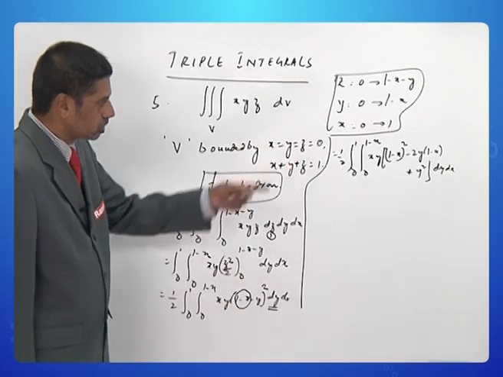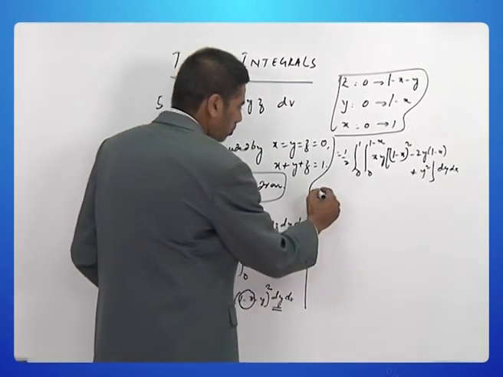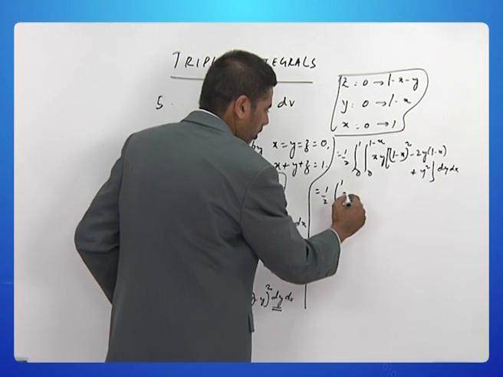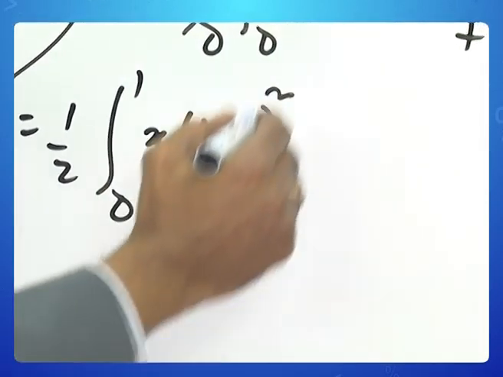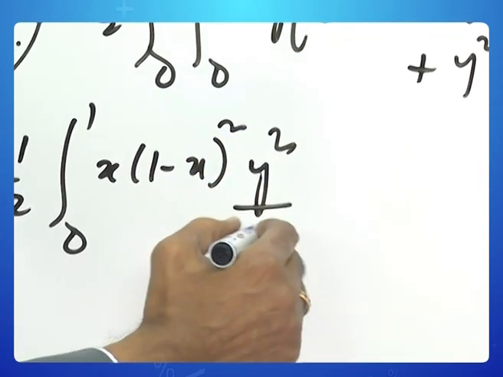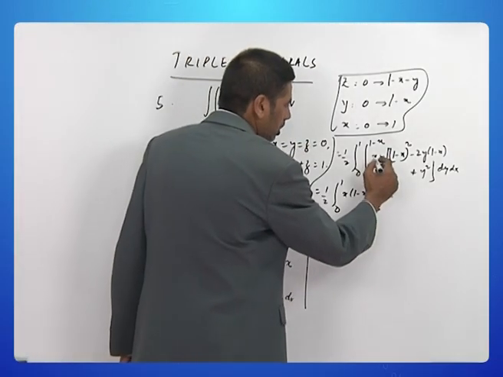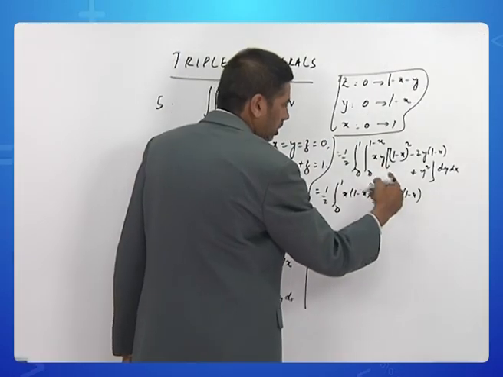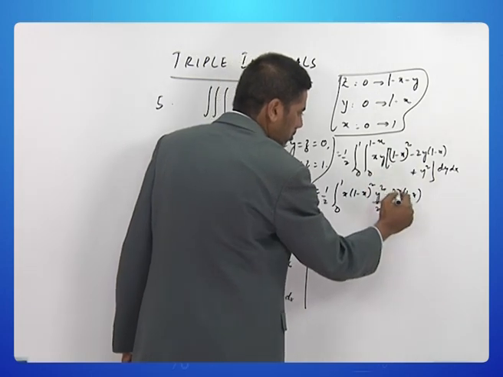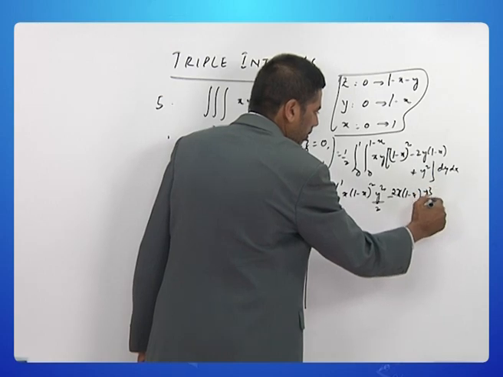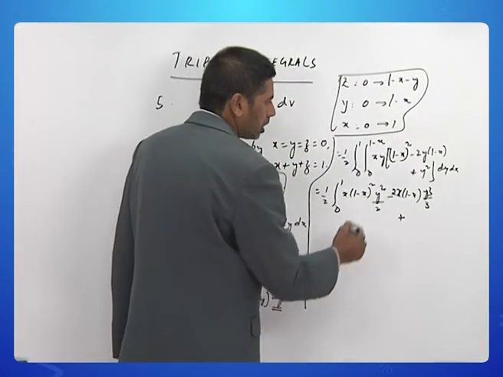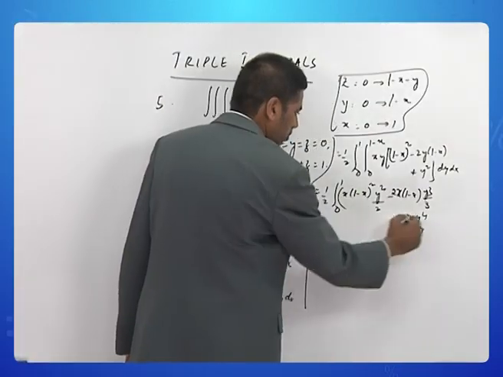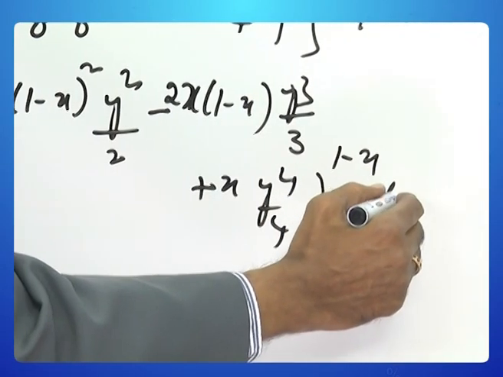So now it's only the question of integrating 3 terms with respect to y. So 0 to 1, x into 1 minus x whole squared will remain constant. Integration of y is y squared by 2, minus x into 1 minus x remains constant. Integration of, there is also a 2 here, integration of y squared is y cubed by 3, plus x into y to the power 4 by 4 from 0 to 1 minus x dx.